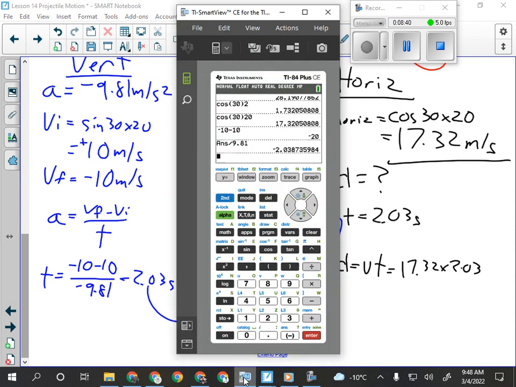So if I take those numbers from my calculator, oh, I forgot to make that negative, so that showed up negative, so it's a typo on my part. But I should place that pool 35 meters from the end of the ramp.